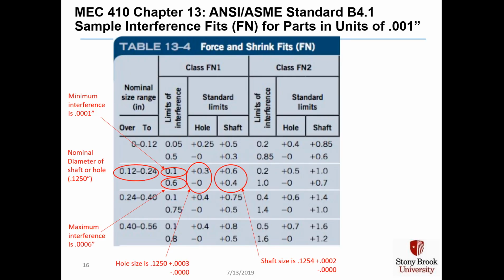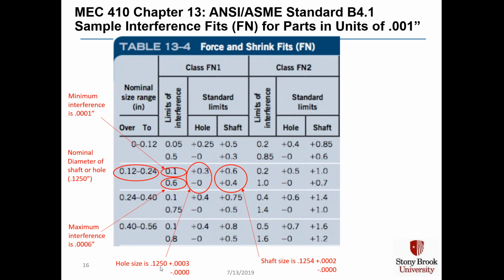Let's take a look at an interference fit for class FN1 with a nominal diameter of 0.1250 inches for the shaft and the hole. The minimum interference is 0.001 inches. The maximum interference is 0.006 inches. The hole size, therefore, is 0.1250 plus 0.0003 inches and then minus 0.